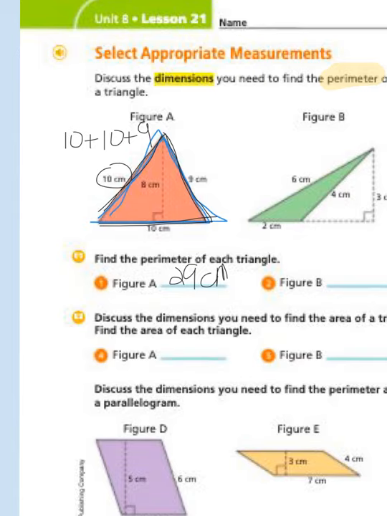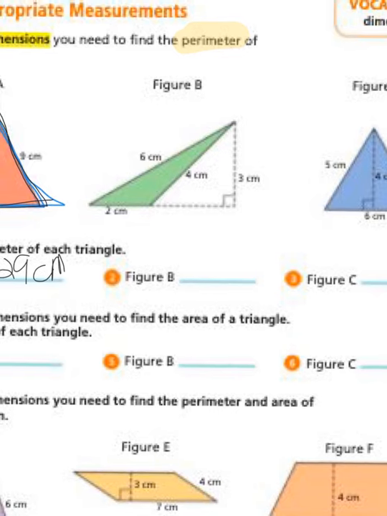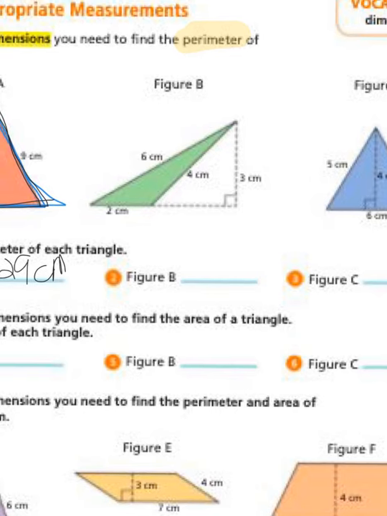So you're going to do that same thing for figure B. The only difference is figure B has some different numbers. So you really want to think, where do I want to find the distance of? So you want that length, and that length. So this number out here is irrelevant for finding the perimeter, but you're going to need it to find the area of that triangle.